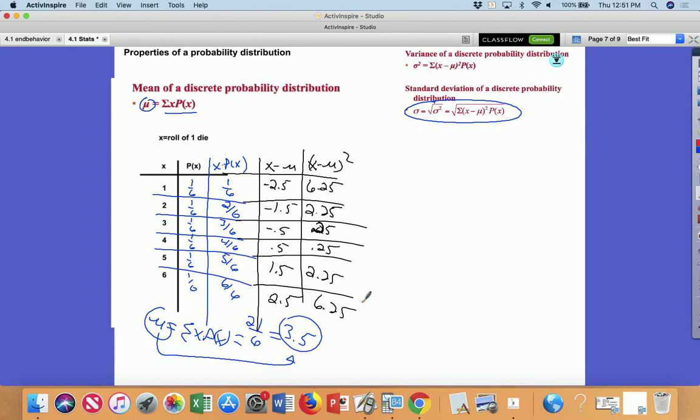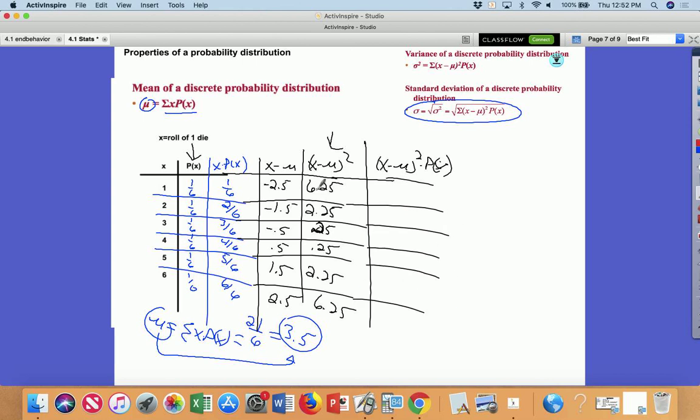And then the last step is to take this squared difference times your probability. If I took this times a 6, that would be like dividing by 6. So that's 1.04, 0.375, 0.04.